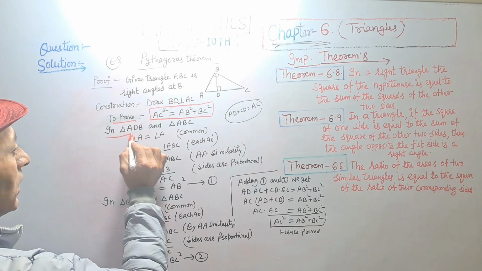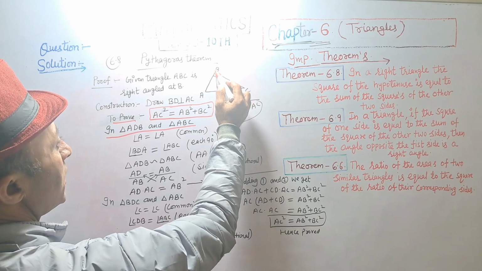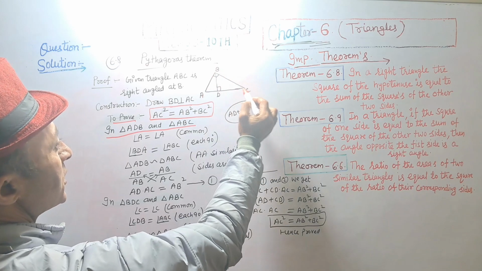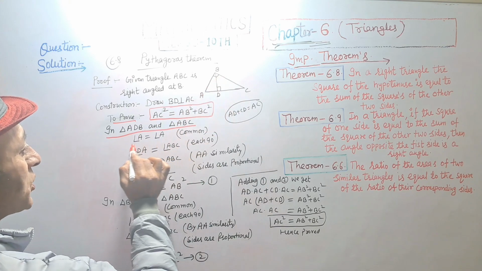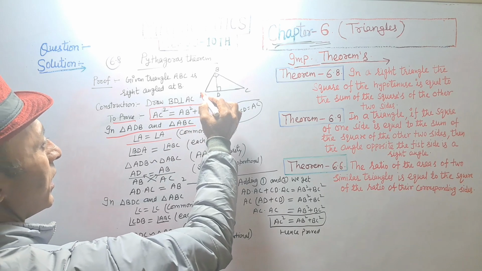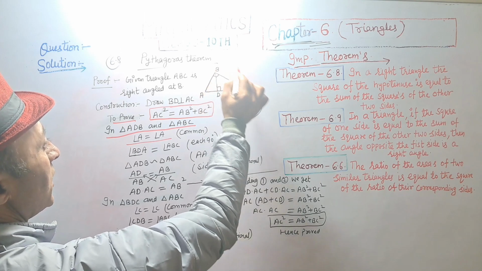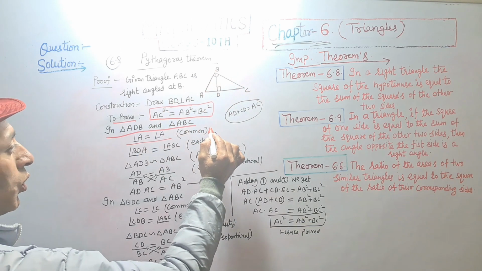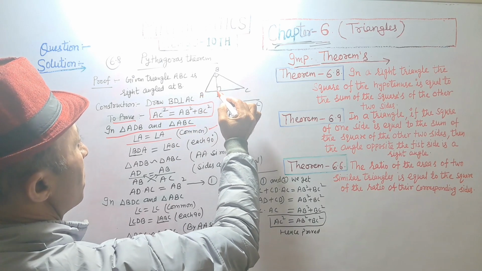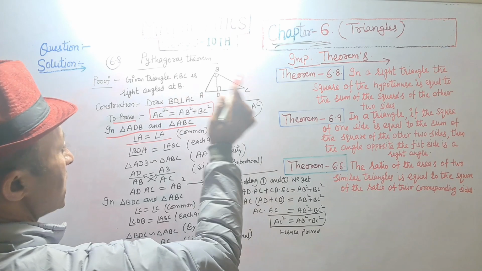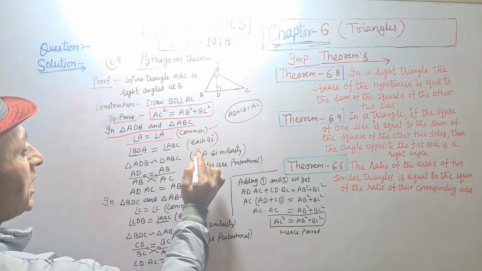In triangle ADB and triangle ABC, angle A is equal to angle A, common, and angle BDA is equal to angle ABC, each 90 degrees.